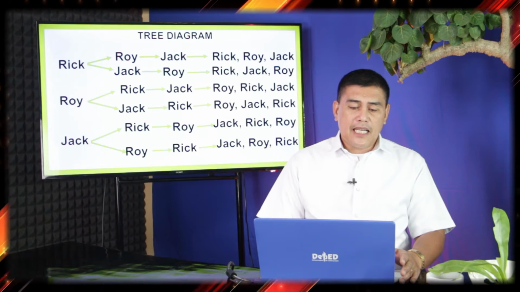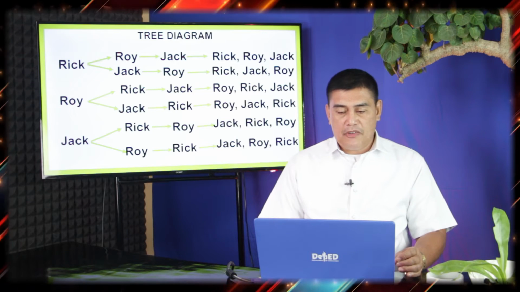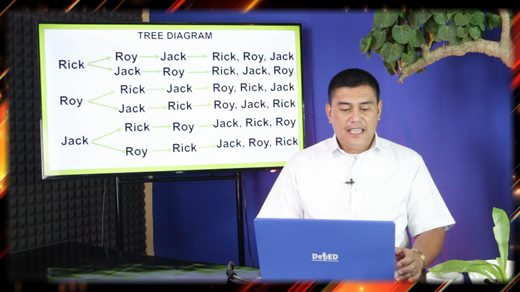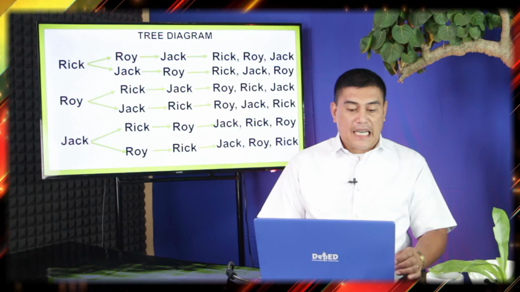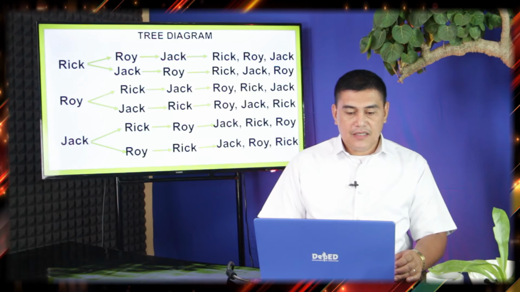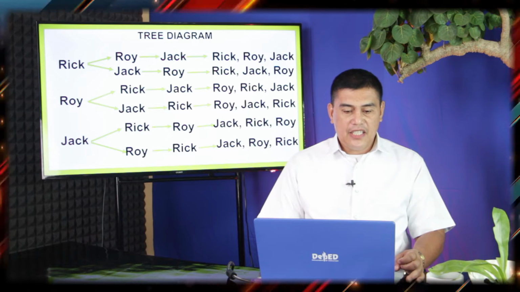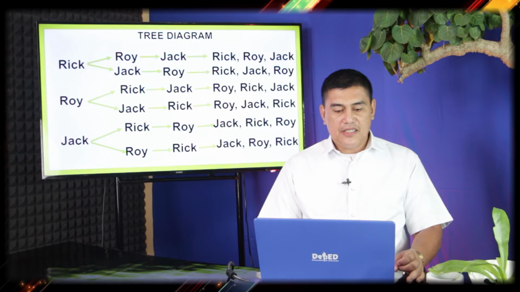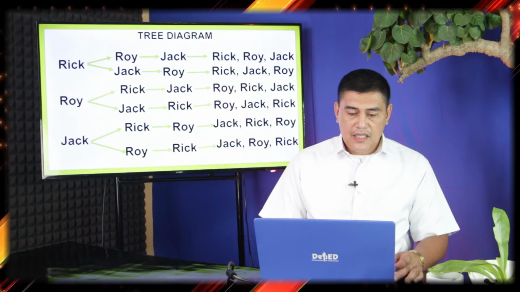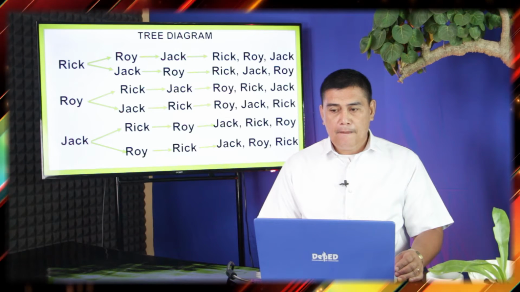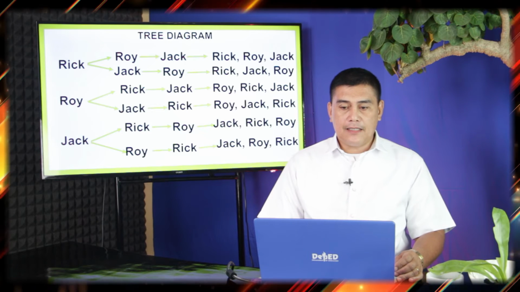So, kung titingnan natin ang unang possible arrangement, yung sa kanan, ilang friends ang pwedeng ma-arrange doon? Yes, we have 3. Si Roy, si Jack, and si Rick. Now, sa gitna, ilan na lang ang pwede? Yes, 2 na lang.